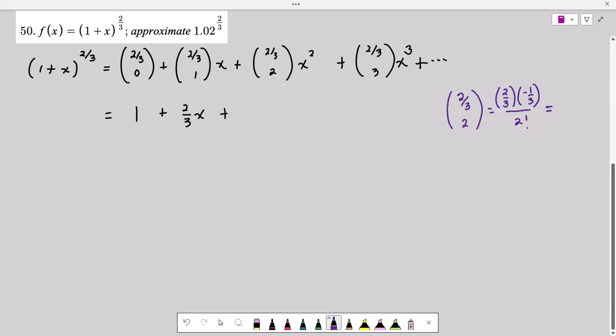The 2's are going to cancel, so -2/9 divided by 2 is -1/9. So -1/9 x squared.